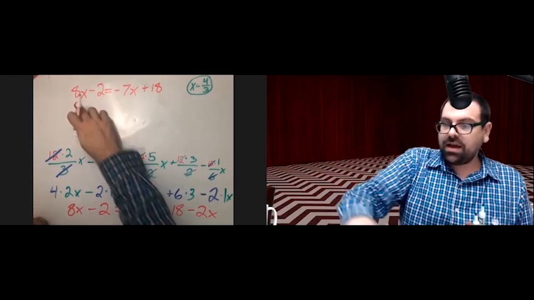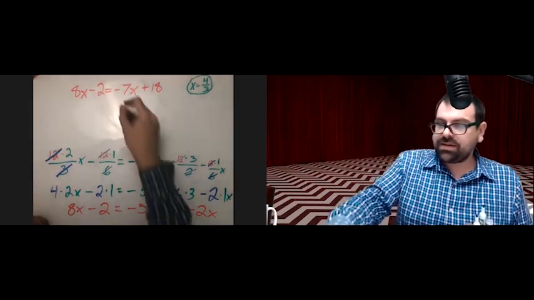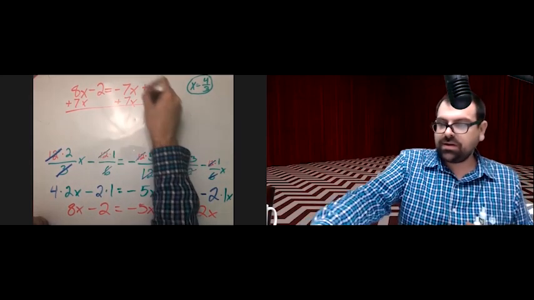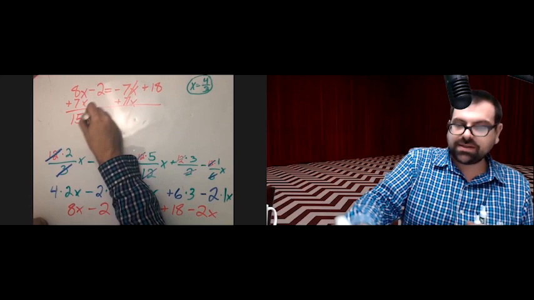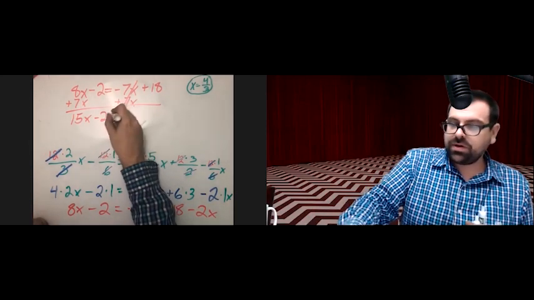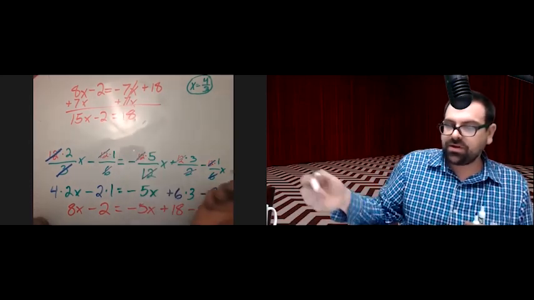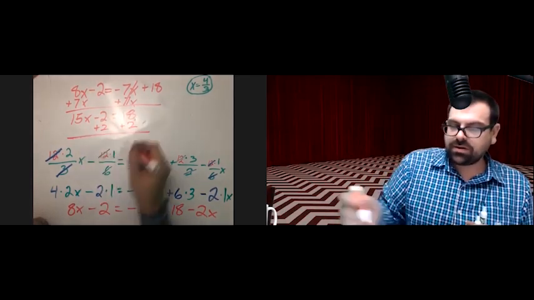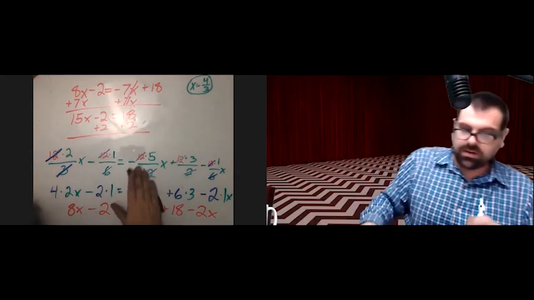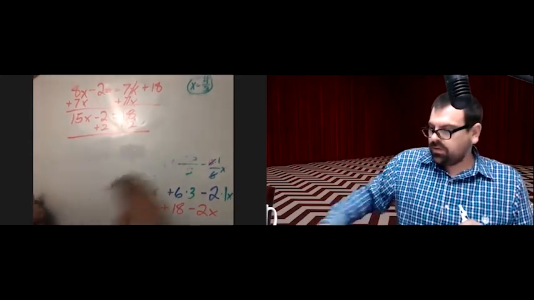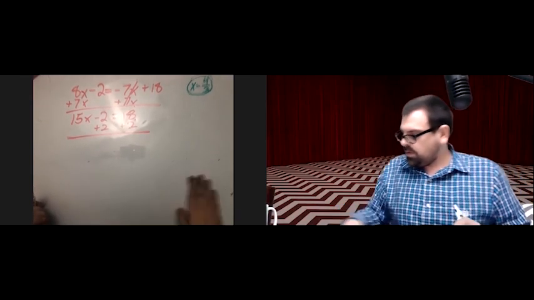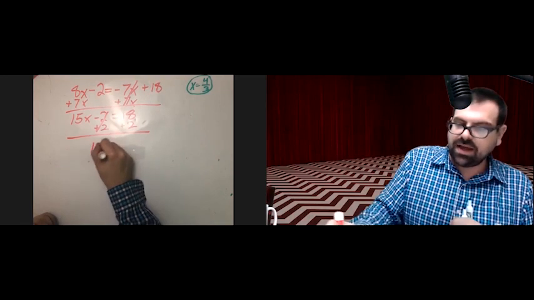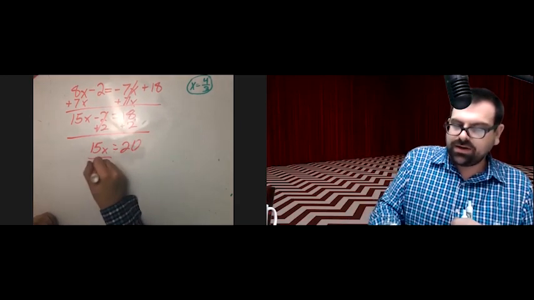If I add 7x to both sides, that's 15x minus 2 equals 18. Look at this, no fractions. Add 2 to both sides. Just leaves 15x on the left, 20 on the right.